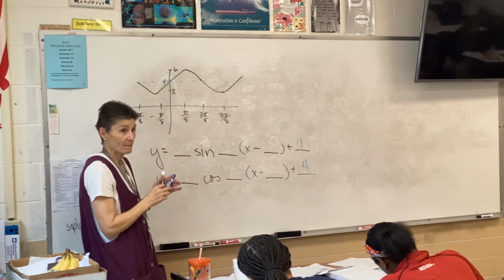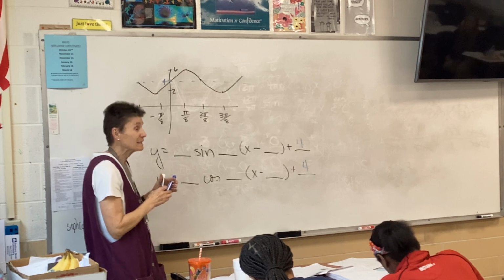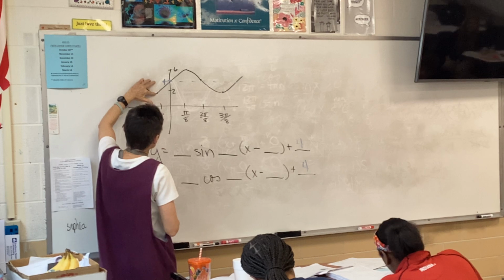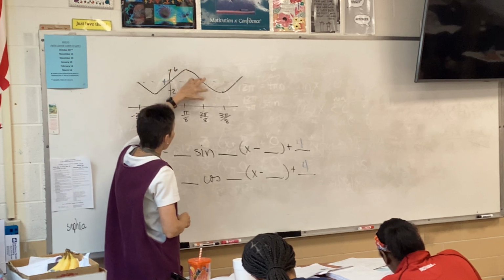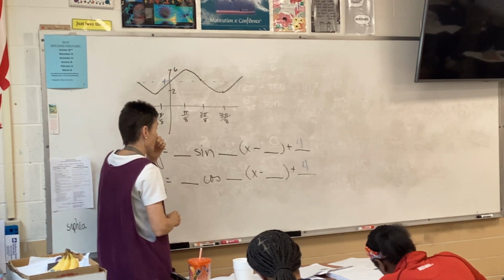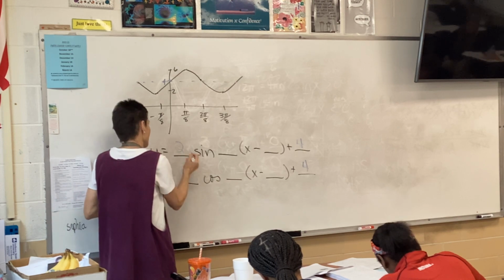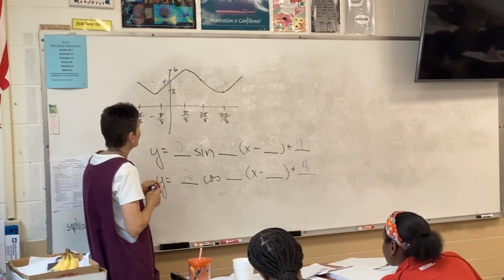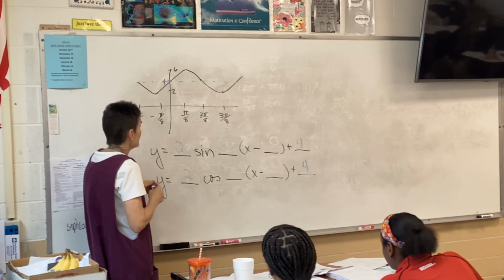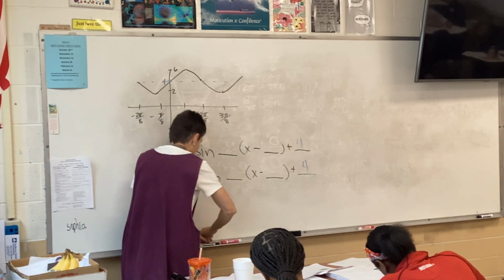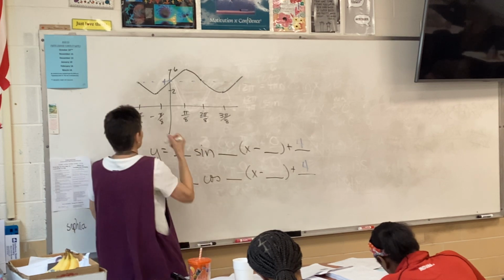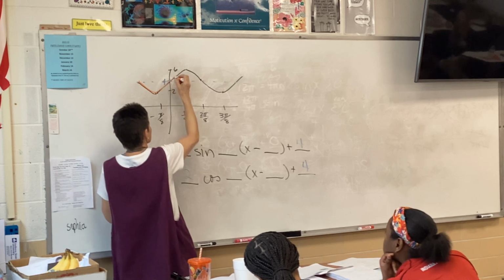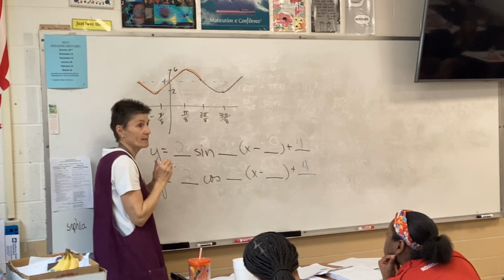Does that make sense to everybody? It also shows me that my amplitude is what? How high are these hills and valleys? 2. So my amplitude is going to be 2. Now, would you agree, and I don't know, I kind of just like to start at the beginning. Would you agree that this is one period?